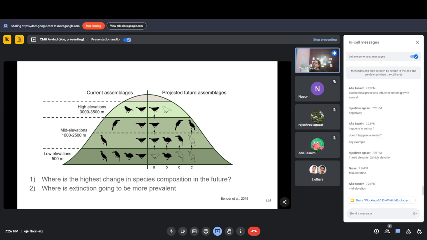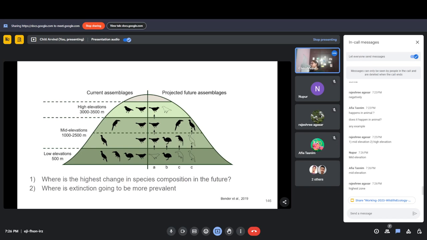Where is the highest change? Change as in most change. Where is the most change happening, in which zone? Rajshri says mid and high. Mid elevation. Afia says mid. Rajshri says highest zone. Highest zone. Okay.